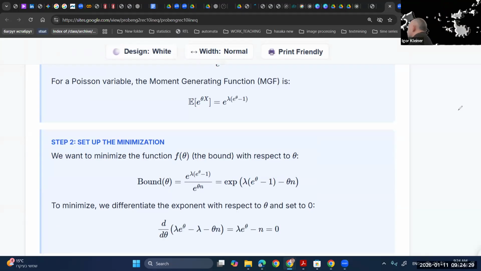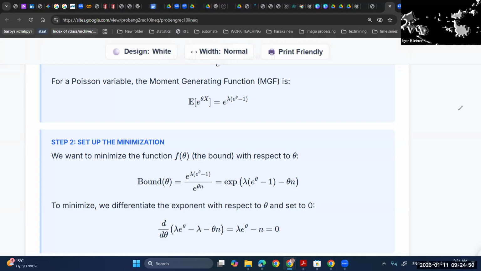So by the Chernoff inequality, the probability that X is greater than or equal to n is less than or equal to this term for any theta greater than 0. Now our goal is to find the theta that minimizes this expression. How do we do it?